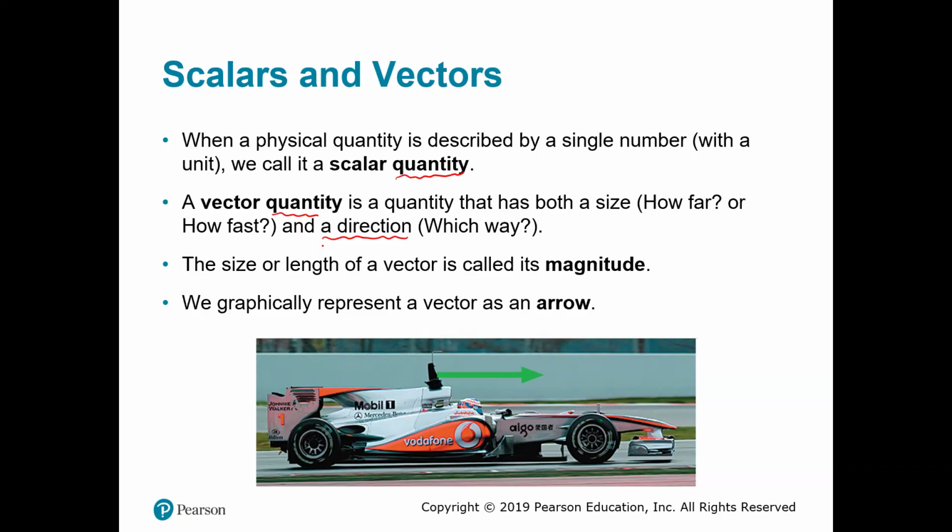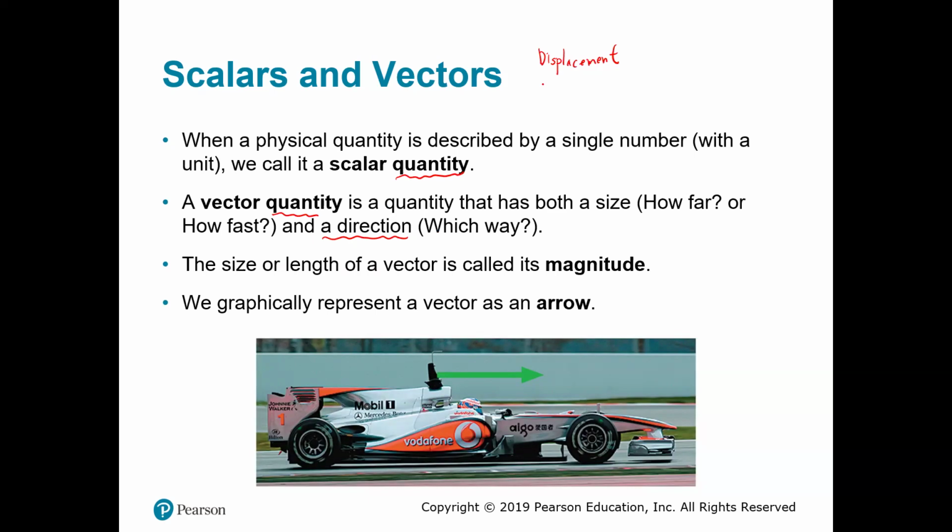Again, a vector has two parts, right? Quantity and direction. You already learned one vector. What was it? Displacement. In one-dimensional space, whenever you talk about displacement, you have to describe a direction, either to the right or to the left.